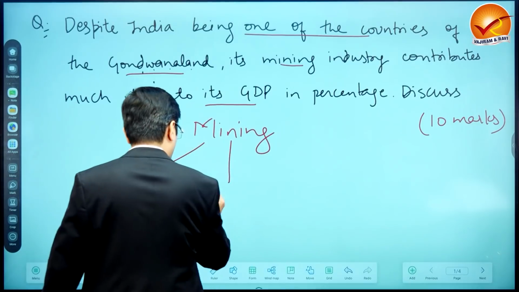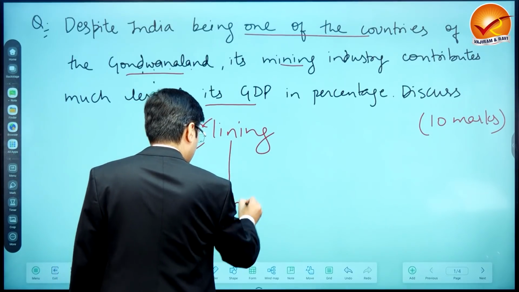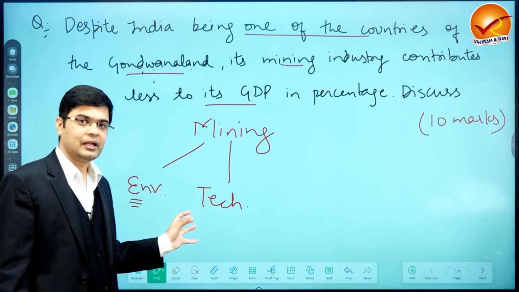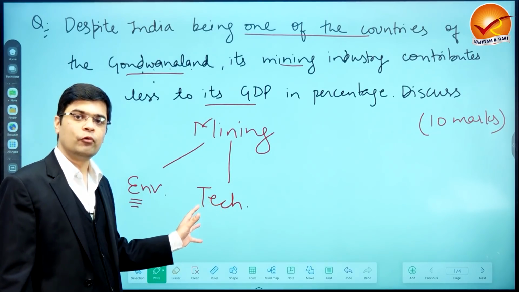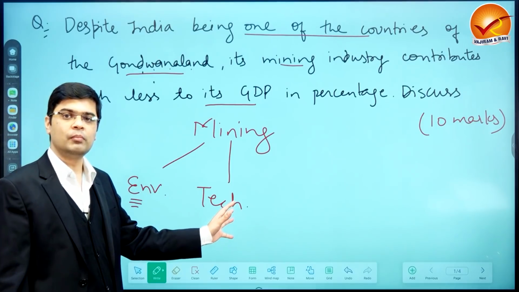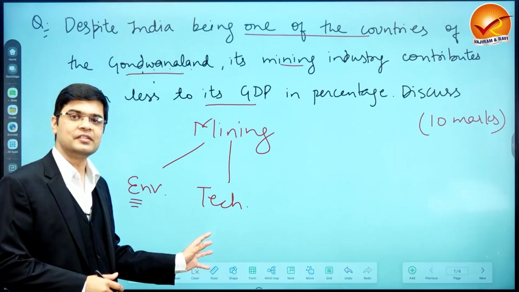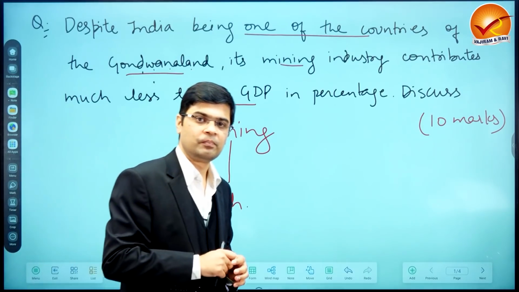Second can be on technique of mining. Like for example, you can mention that in coal, though we have the 4th largest reserves of coal in the world, we are the 2nd largest importer. We are heavily dependent on the imports, and one reason is productivity is less.